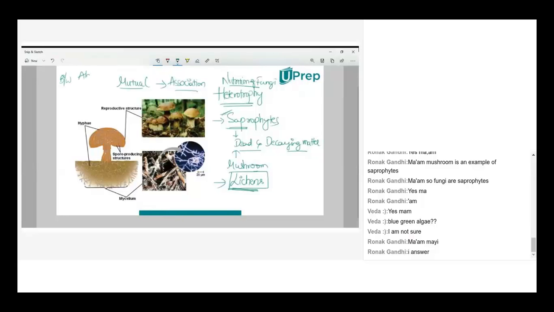Algae are a different microorganism and fungi are a different microorganism. These two microorganisms come together and live together. Such structures are called lichens. So saprophytic heterotrophy is not the only nutrition for fungi. There is a different nutrition in the form of lichens.